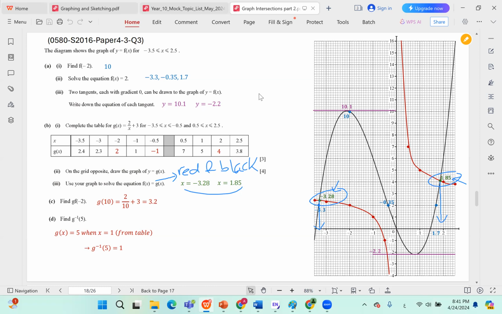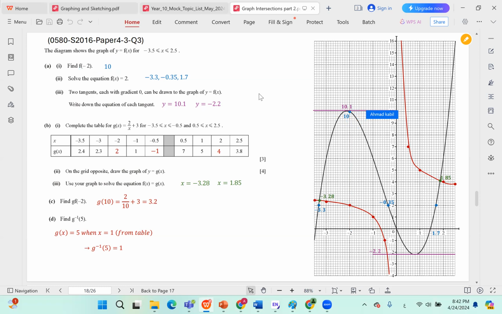In C, we are told find g of f of negative 2. You need to be a keen observer here to realize that f of negative 2 has already been obtained in AI. If not, you can just go to negative 2 on the x-axis and find the value of the curve that satisfies it. You'll be repeating the same process again, but anyway, the value is 10.